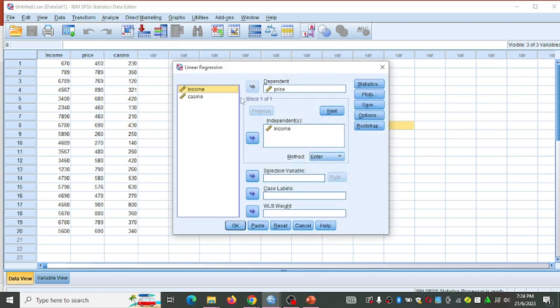From there, I want you to bring price to the dependent variable and income to the independent variable. You click on income, then bring it here. So you click on price, right?